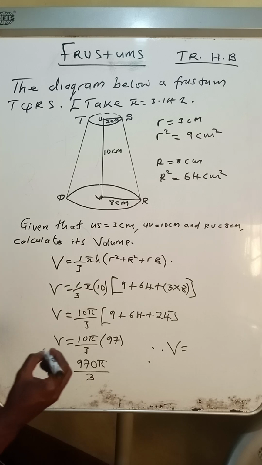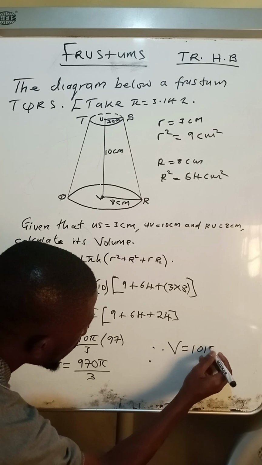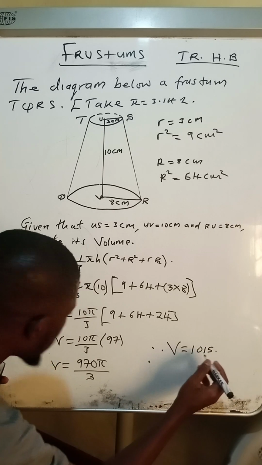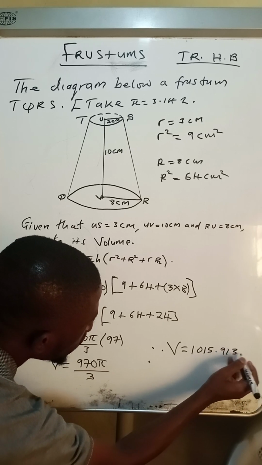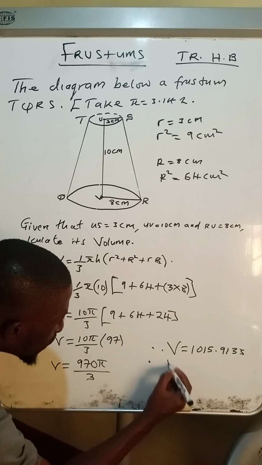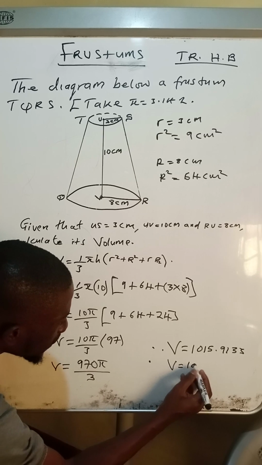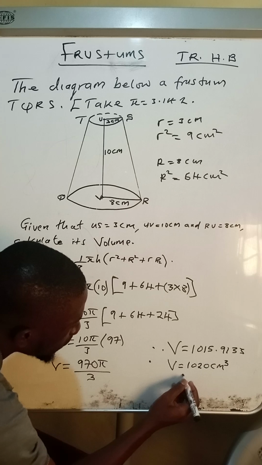If we divide, it will give us 1013.9. So we can round off our final answer correct to 3 significant figures, and this would be 1010 centimeters cubed.